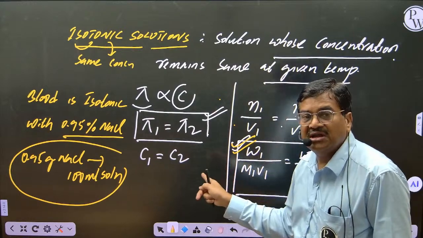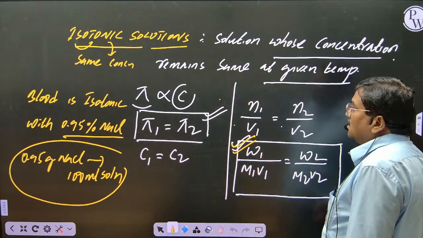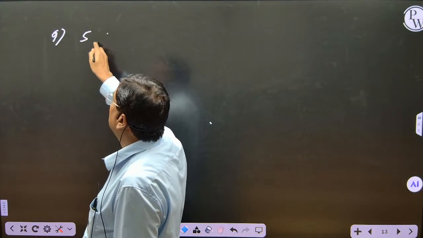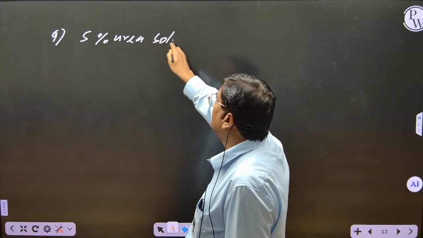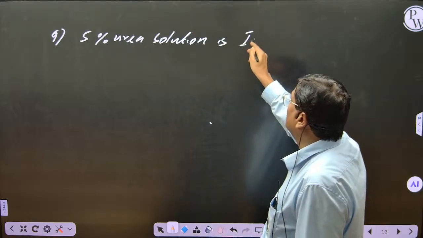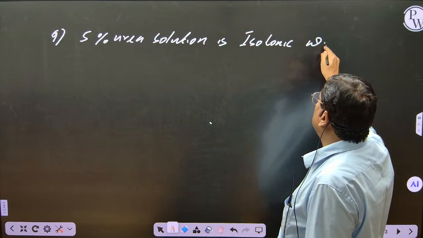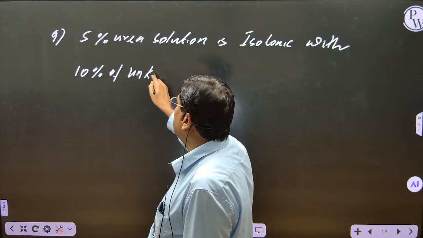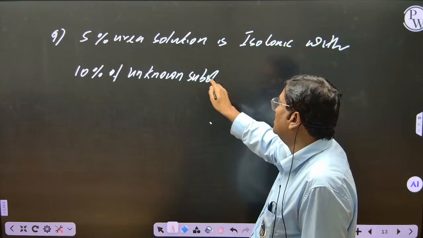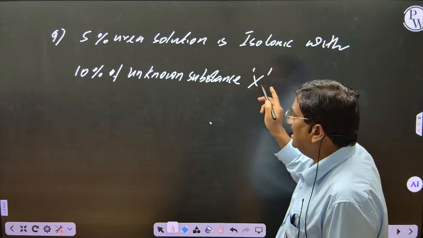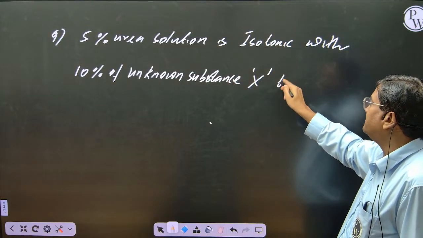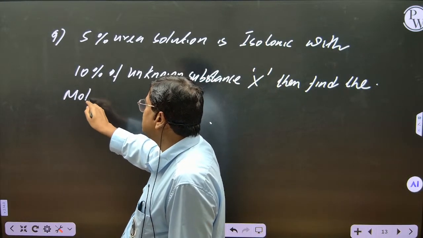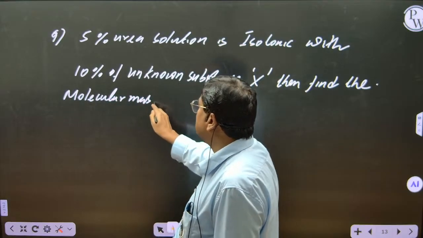See, this is how they ask on isotonic solution in the exam. A 5% urea solution is isotonic with 10% of an unknown substance X. We don't know what that unknown substance X is, and we have to find the molar mass, that is, the molecular mass of unknown substance X.